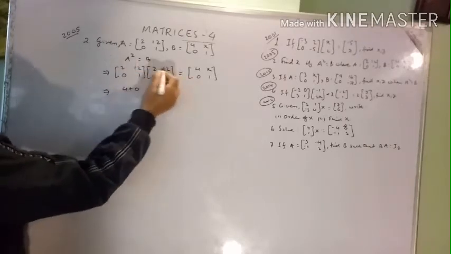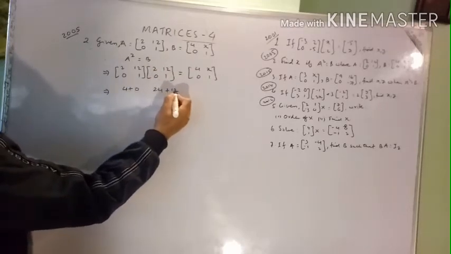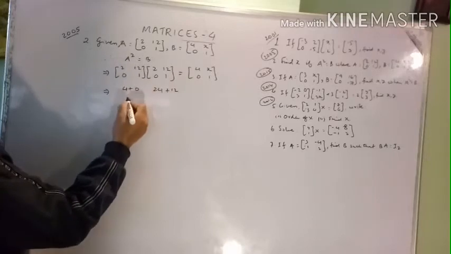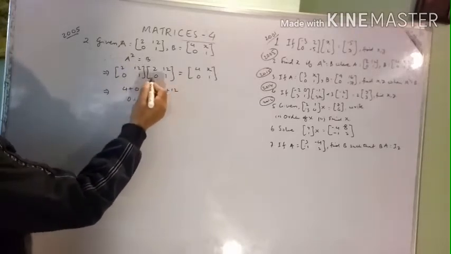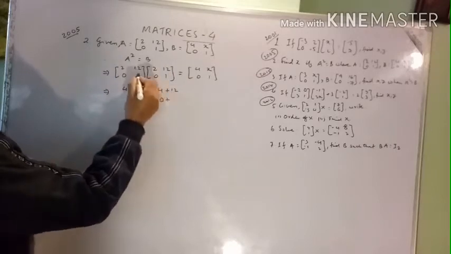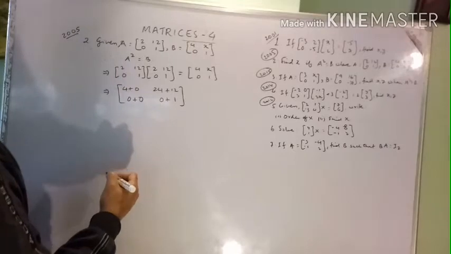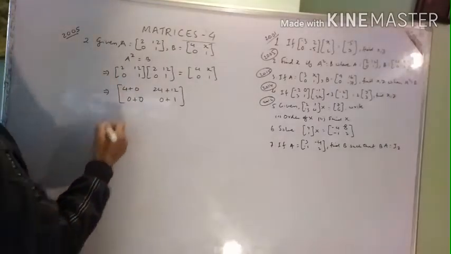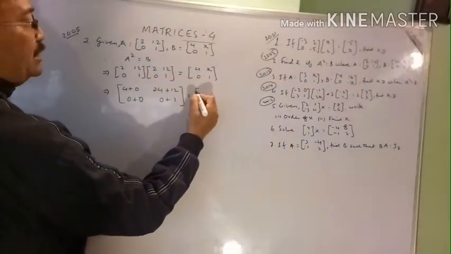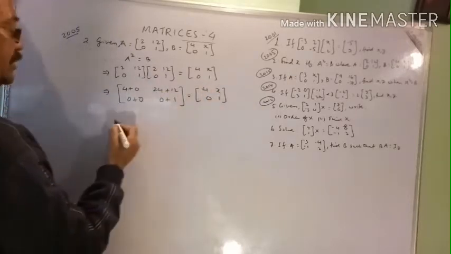Now second column, 2 into 12, 24 plus 12 into 1 is 12. Now second row, 0 into 2 is 0 plus 1 into 0 is also 0. 0 into 12 is 0 plus 1 into 1 is 1. So this is what we get by multiplying two matrices. RHS write as it is, [4, x; 0, 1].